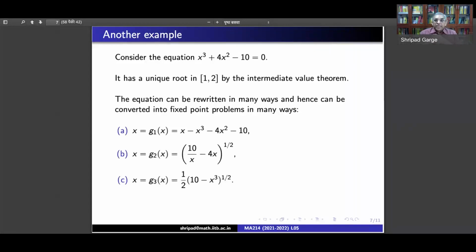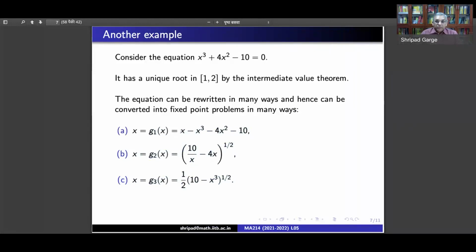These are the three ways, and let's check that whenever you have a fixed point, we do get the root of our equation. So whenever we have this g1(x), this is our function: g1(x) = x minus (x cube plus 4x square minus 10).